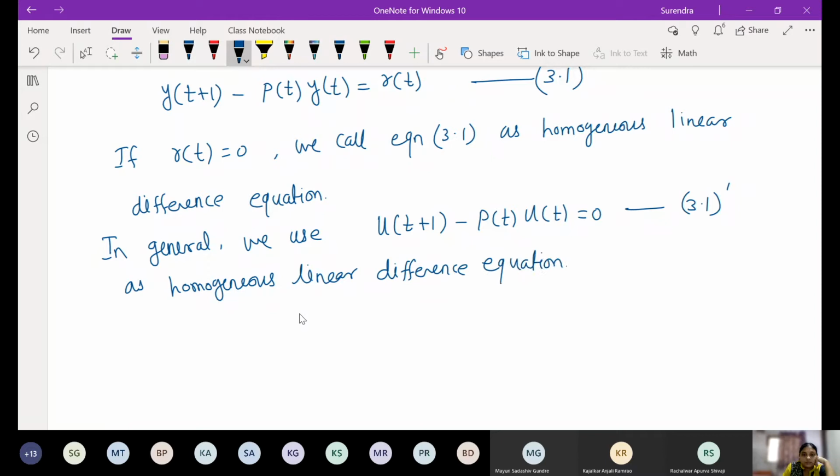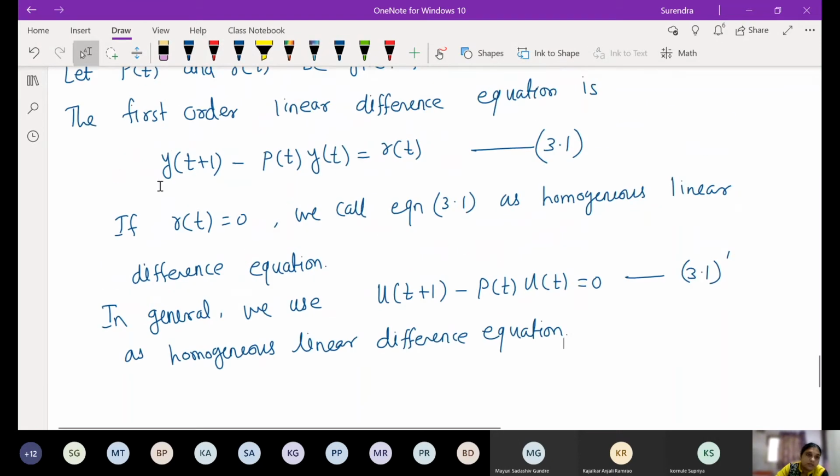Instead of y, I am writing u, because whenever I want to denote the homogeneous difference equation, I will use u(t+1) minus p(t) u(t) equals 0, numbered 3.1 dash. And if I want to show the non-homogeneous one, I will use y(t+1) minus p(t) y(t) equals r(t), where r(t) is non-zero.